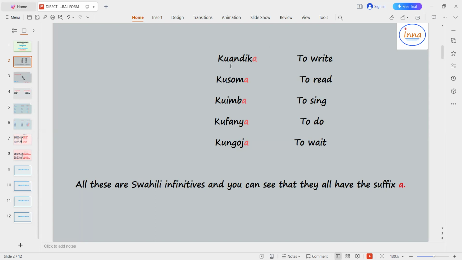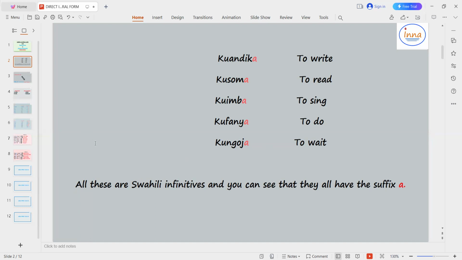So if you look at this list, you will see we have a few verbs here, like kuandika means to write, kusoma means to read, kuimba means to sing, kufanya means to do, kungoja means to wait. So all these are Swahili infinitives, and you can see that they all have the suffix a.